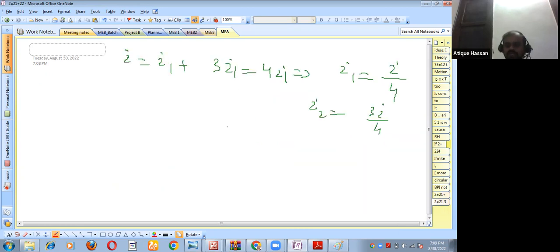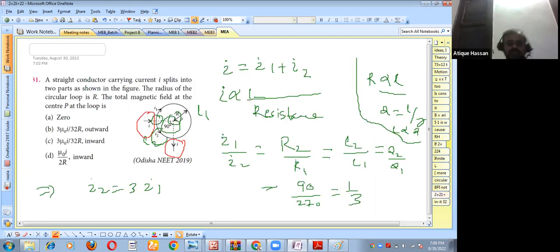We have already seen that for a wire, the magnetic field at a point is always 0 if the point lies in the line of the current. So here the net magnetic field will be due to I1 and I2, and both are in the same direction, right?